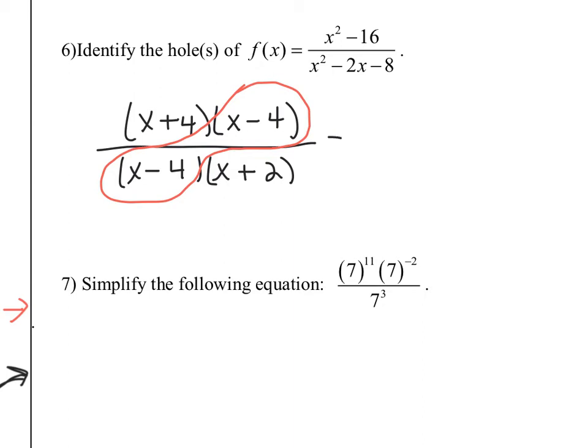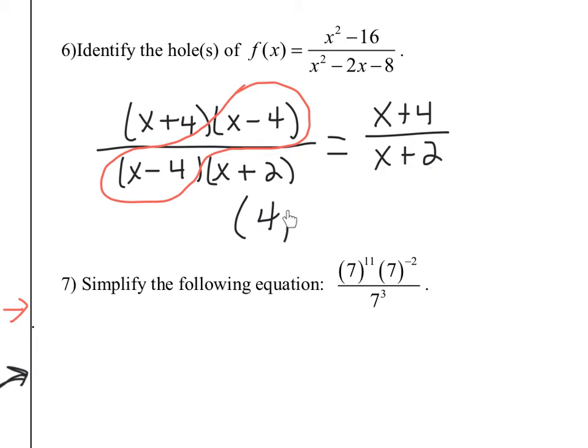What I have left is x plus 4 in the numerator and x plus 2 in the denominator. So I know my x value for my hole is 4. But now what I need to do is find the y value. I'm going to plug the 4 into the x in the remaining equation right here. So this is what's left over after I cancel out my x minus 4s. I get x plus 4 over x plus 2.